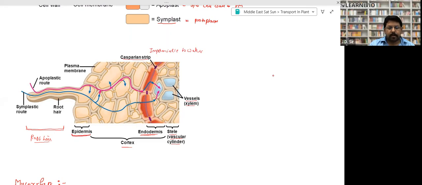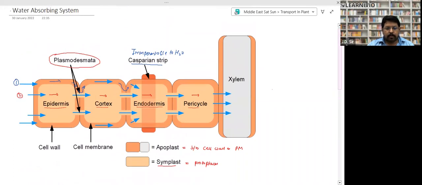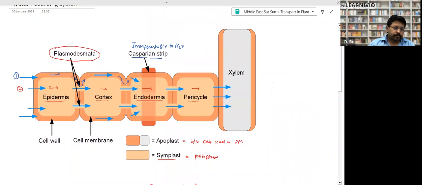Okay. Now the same diagram has been shown above as a schematic diagram. Look here, this is the cell wall. You can see this is the cell wall. This is the plasma membrane. Cell membrane means plasma membrane, right?